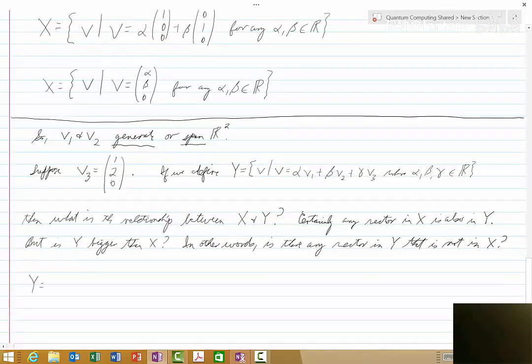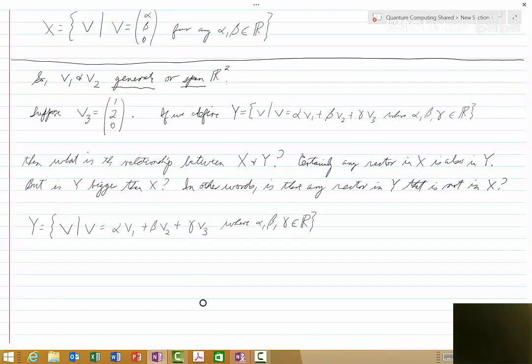Y is equal to the set of all v such that v is equal to alpha v1 plus beta v2 plus gamma v3, where alpha, beta, and gamma are any real numbers.